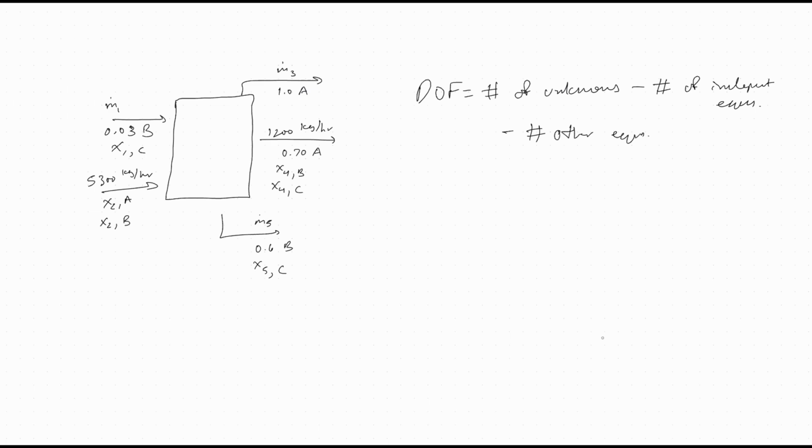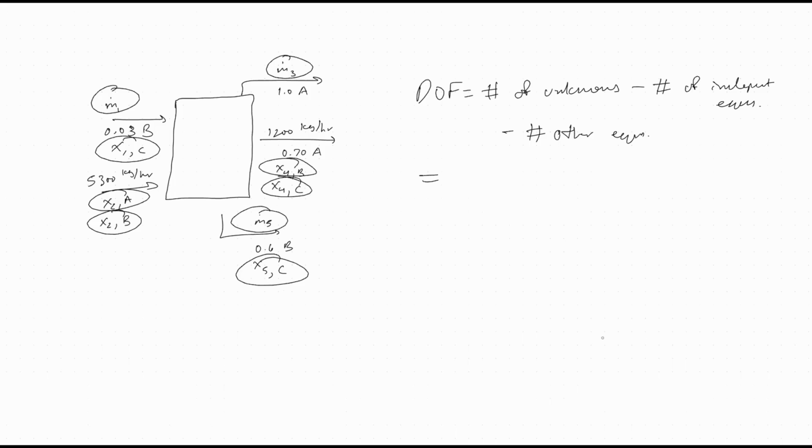So let's actually do this calculation here. How many unknowns do we have? We have M1, x1C, x2A, x2B, M3, x4B, x4C, M5, and x5C. So 1, 2, 3, 4, 5, 6, 7, 8, 9. So we have 9 unknowns.